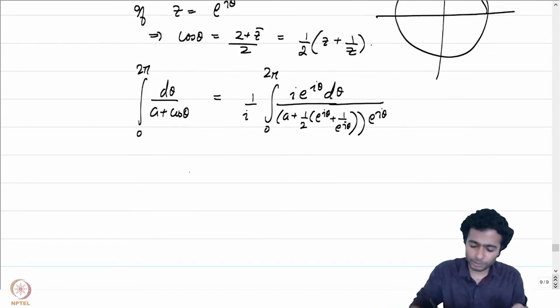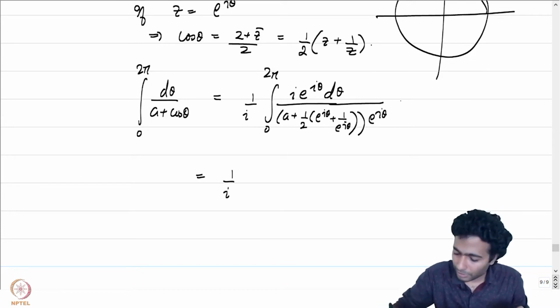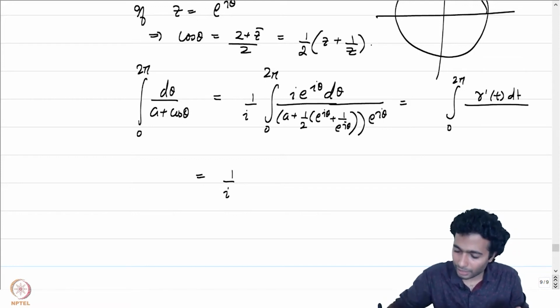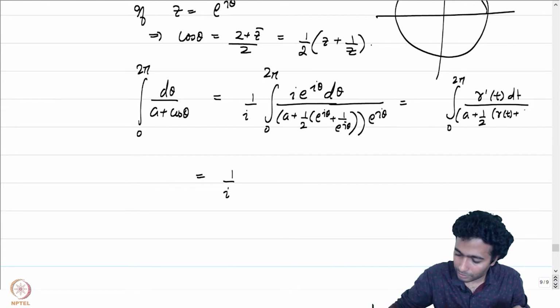The idea is to write this as, maybe I should write that as well. This is just the integral from 0 to 2 pi of gamma prime t dt by a plus half of gamma of t plus 1 by gamma of t, times gamma of t.